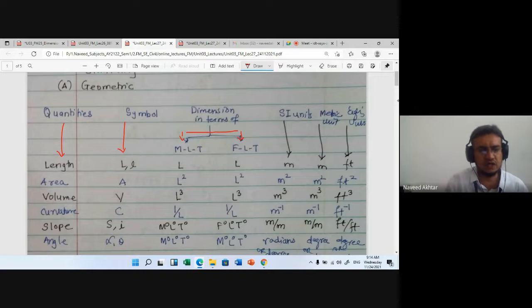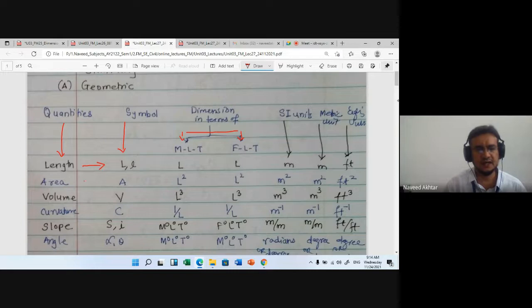So we know that length is mentioned by the symbol capital L or small l. The dimension is capital L for the length, and here also in the force system it is L. The SI unit of length we mostly use is meter, in metric unit also meter, but in English unit, foot pound second, it is measured in the foot.